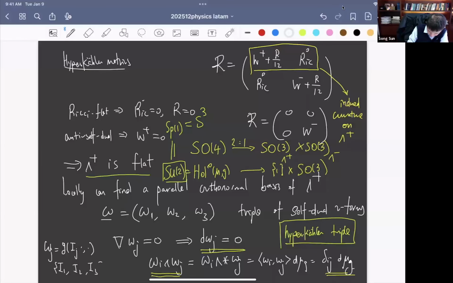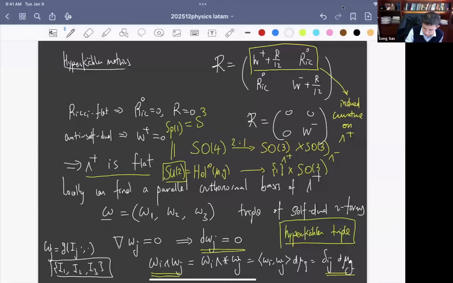These are three complex structures. This also defines a hyperkähler structure. You have many ways of viewing this. But the point is that this condition, that the traceless Ricci equals 0 and W plus equals 0, or lambda plus is flat, implies the existence of such a hyperkähler triple.